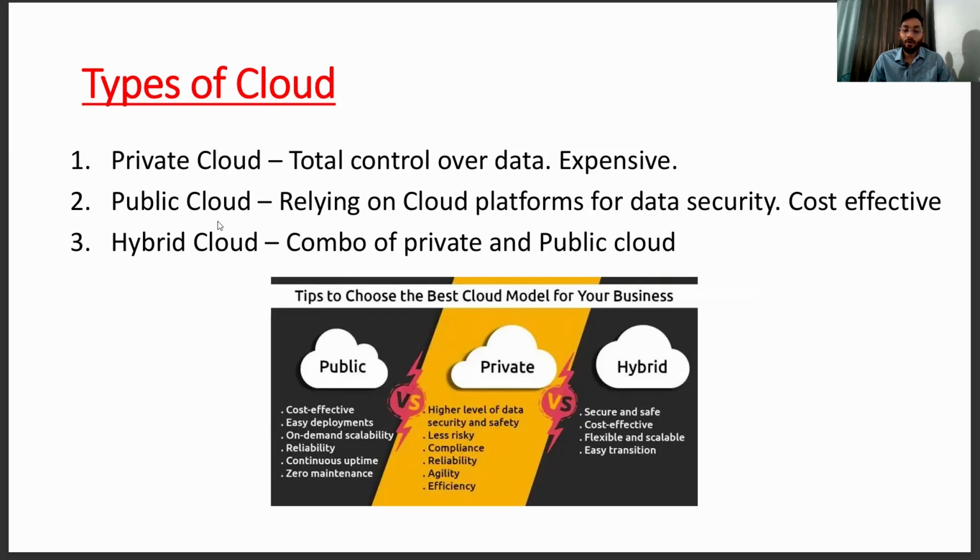That is a combination of private and public cloud. It is mostly because of regulations, because the government wants that some of the data should not be shared with the cloud platforms. And this is also a cost effective model where some of the data is kept in a private cloud while the other data can be given to the public cloud platforms.